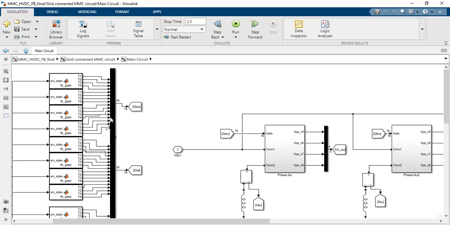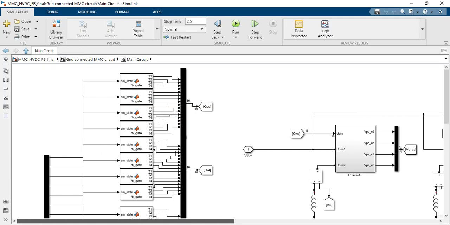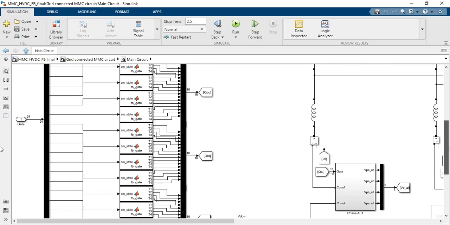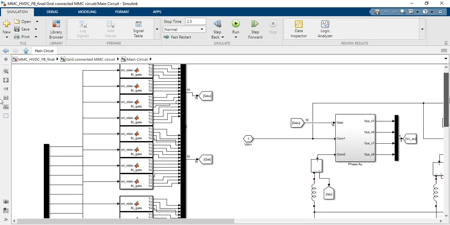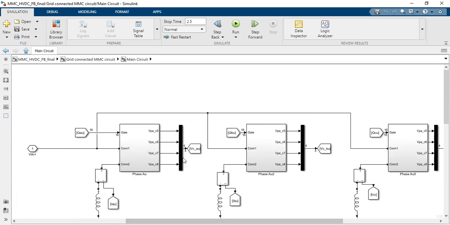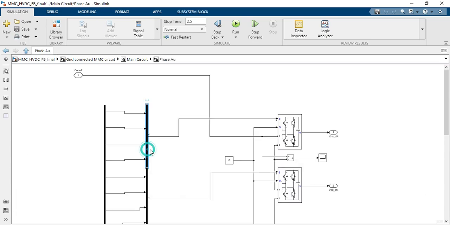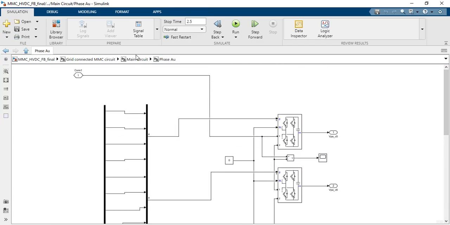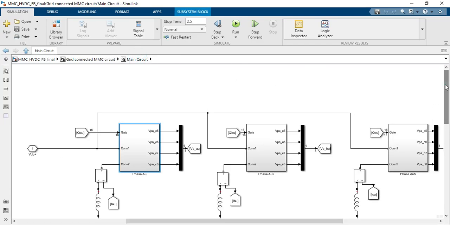So inside this you can see that the gate signals are coming. There are a lot of signals because we have a number of full bridge submodules. In each arm we have four full bridges connected, and there are 8 total full bridge submodules in a single phase.